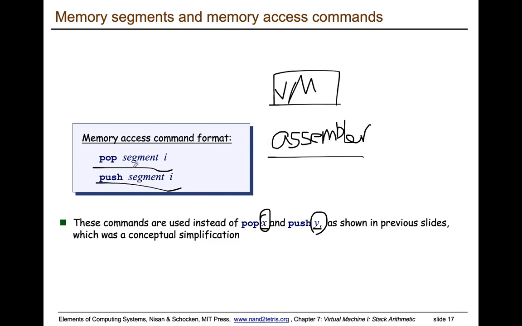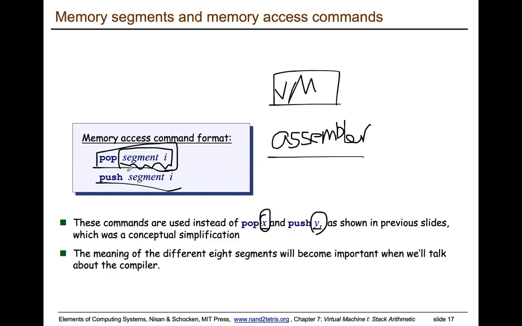So the assembler will assign for a certain variable, then the virtual machine will say which segment the variable belongs to, whether it's a local variable, a static variable, or a field variable. The meaning of the different 8 segments will become important when we talk about the compiler.